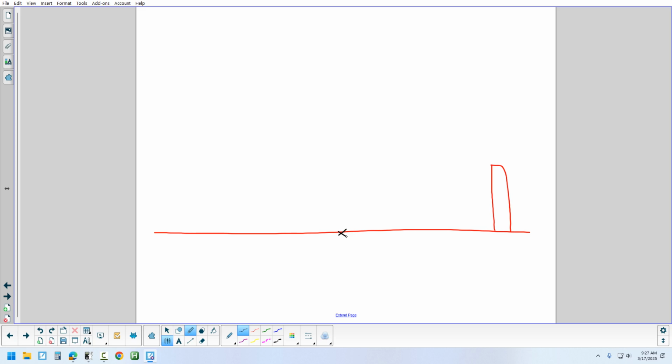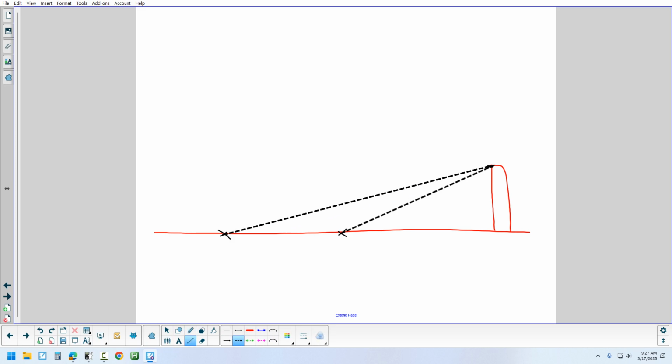You start here, and you measure an angle to the top of your object. Then, because your object isn't moving, which is a lot simpler than a boat, you go back a certain distance. Maybe you measure back 1,000 feet, and then you measure the angle to the top of your object again. What you just created is a triangle.